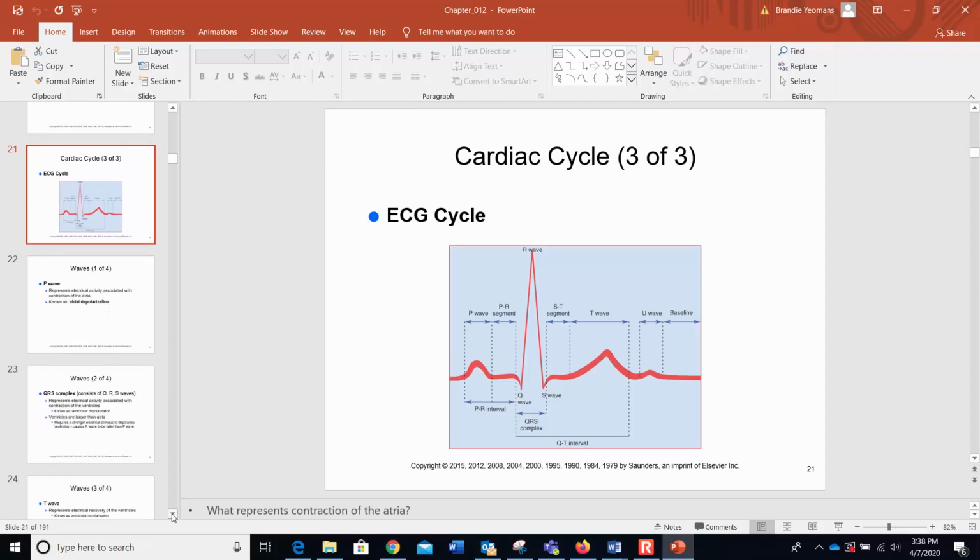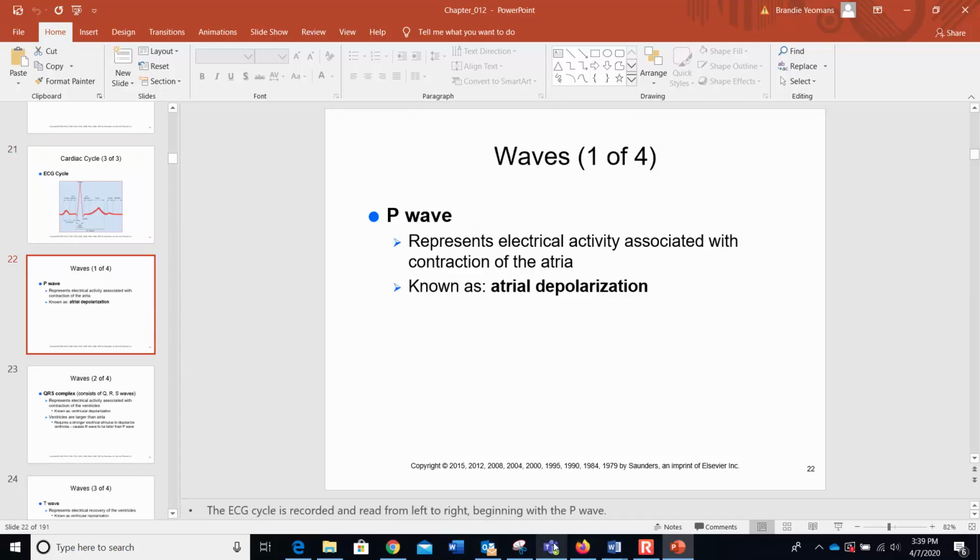So the EKG cycle is composed of a P, a QRS, and a T wave. So the P, QRS, T, just like it is in the alphabet, you're going to see these parts represented in that one cardiac cycle of the heartbeat. So let's talk just a little bit about what is the P wave and what does it represent.